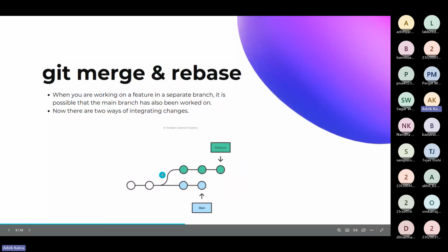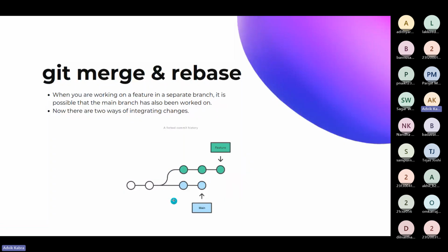So now you are working on a feature, and this is the original code base, right? And you've been working on it for 1 week. You have these so and so amount of commits in your feature branch, right? And the main branch has also had some amount of commits. Now this feature is ready, and you want to merge it here. There are two ways to merge it, right?